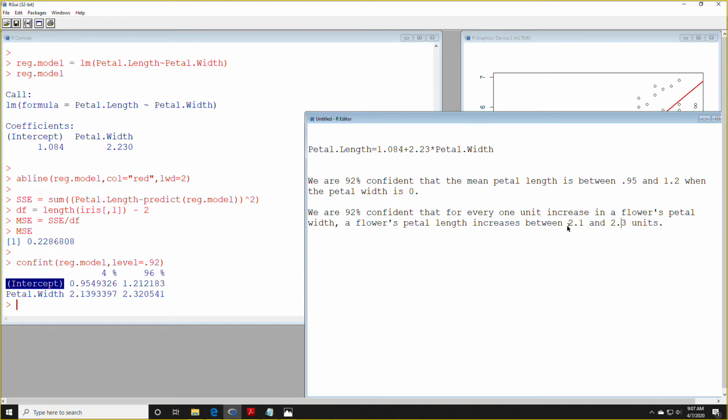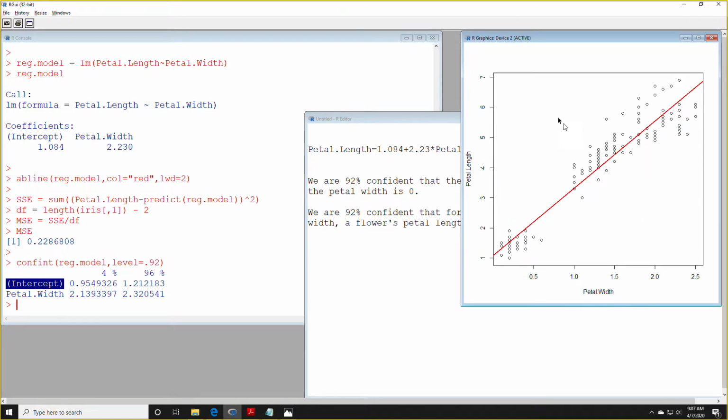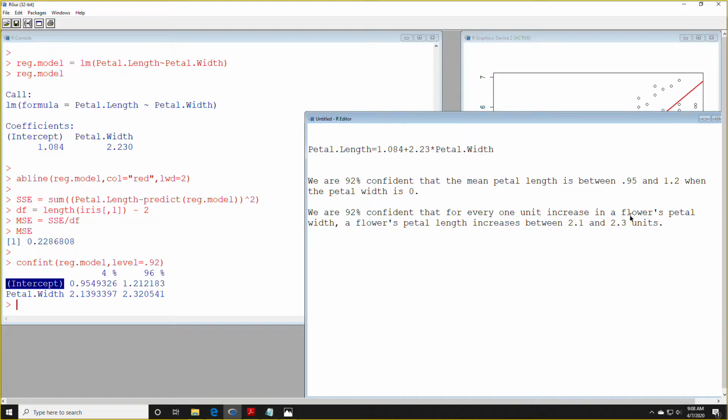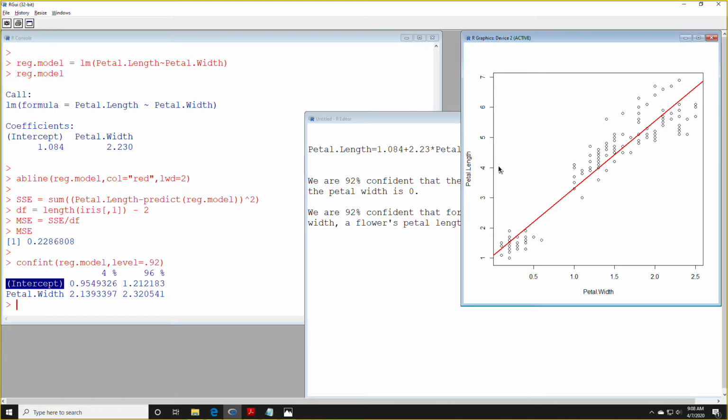If this was completely negative, we would still have evidence, but we would have evidence that there's a negative relationship, right? So in that case, we would have a line that went from up here to down here. Okay, but anytime this confidence interval includes 0, that basically says that the slope could be 0, and a slope of 0 is just a horizontal line.